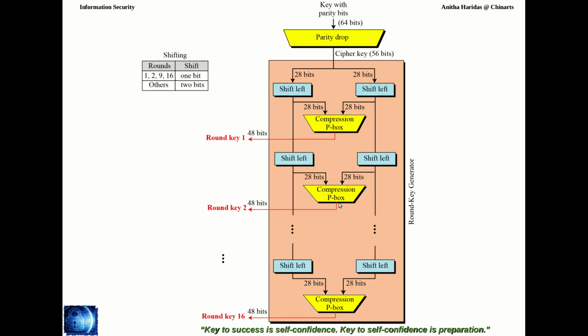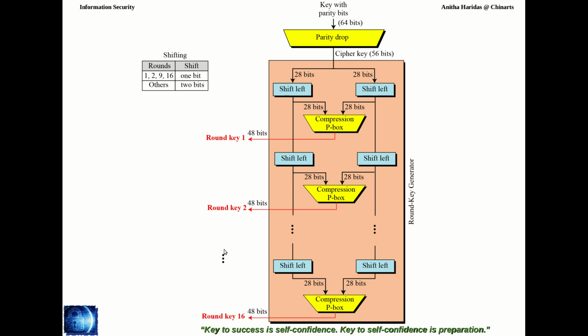Okay. So this is the diagrammatic representation of how the key generator functions. So this is the round key generator. The round key generator gets the 56-bit cipher key as the input, and it will be producing 48 bits for each round.